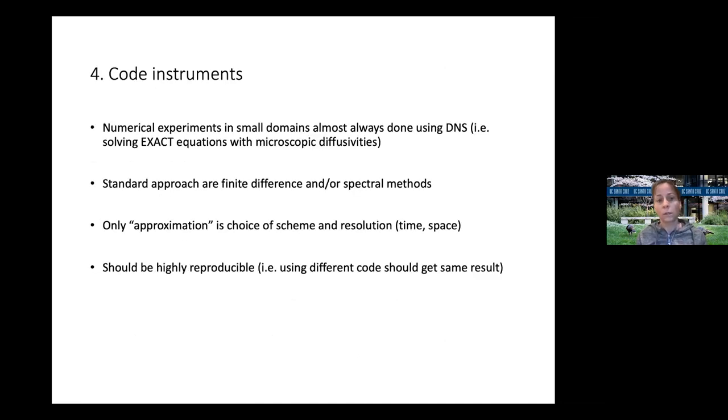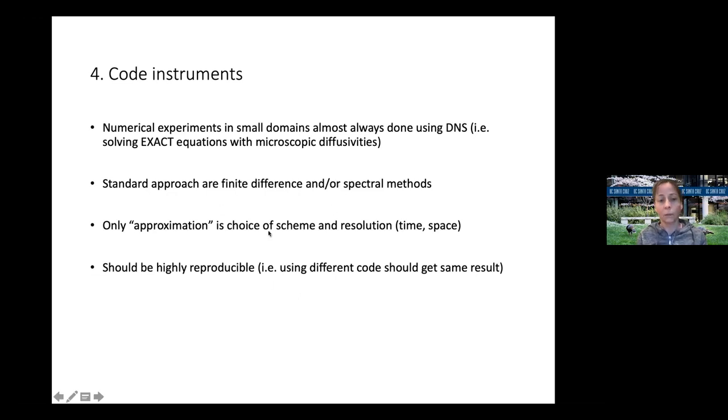So the code instruments that we use are almost always using DNS, where we solve the exact equations of fluid dynamics with microscopic diffusivities, so not any eddy diffusivity. The standard approach we use is typically either spectral methods or finite difference methods.